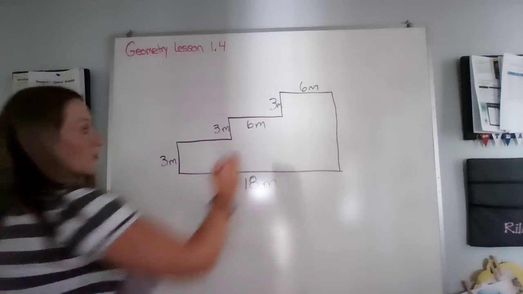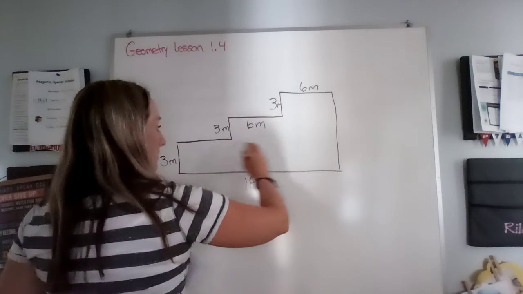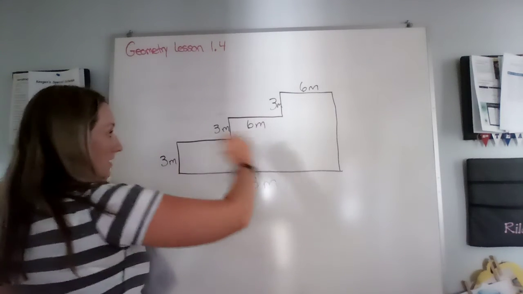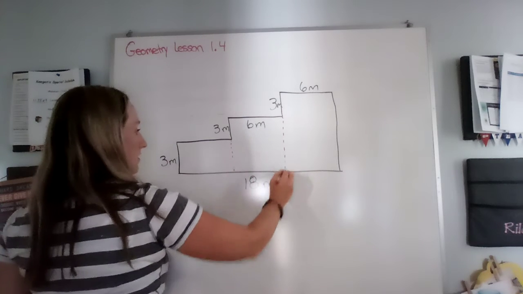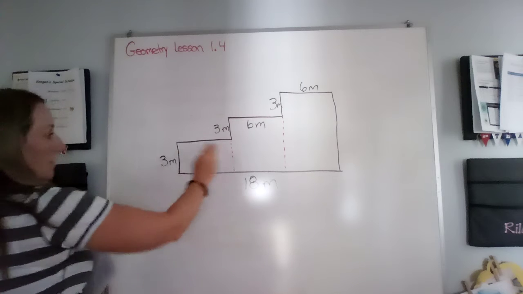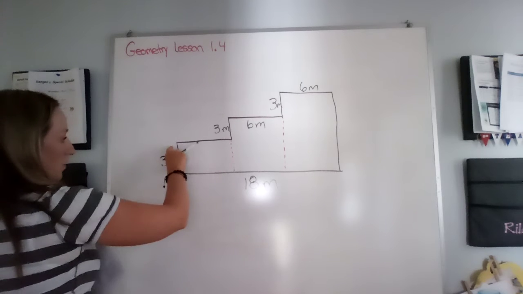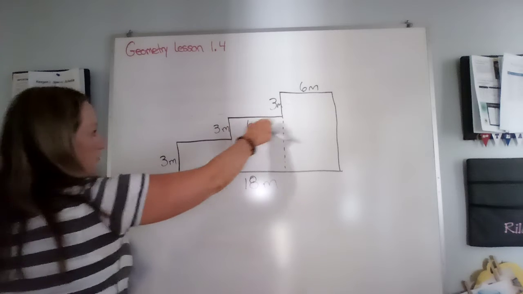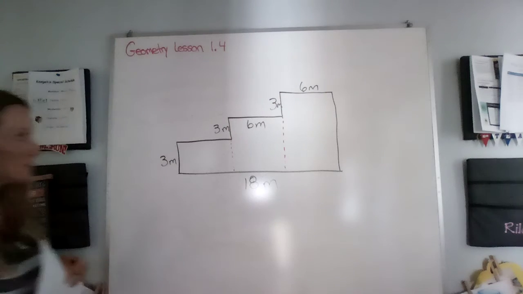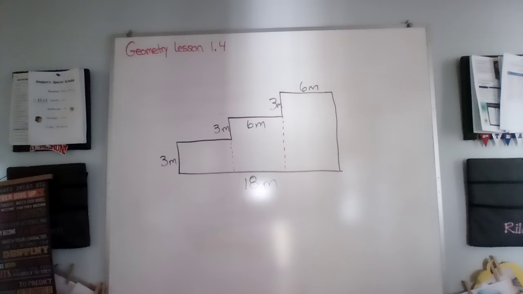So you can either draw a bunch of vertical segments to get 3 long rectangles, or you could draw horizontal segments. Okay? To get the area of this piece, I'm going to need to know length and width. Here as well, I'm going to need to know length and width, and length and width. Okay, so we do have some measurements that we need to figure out.